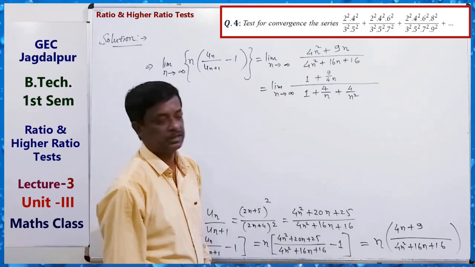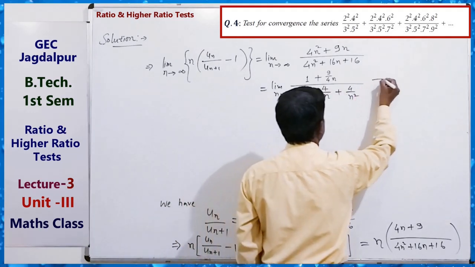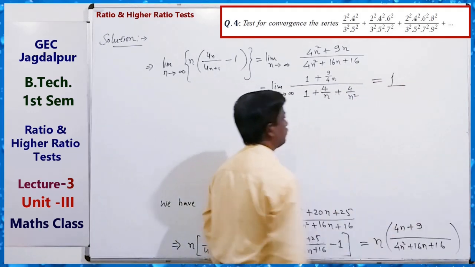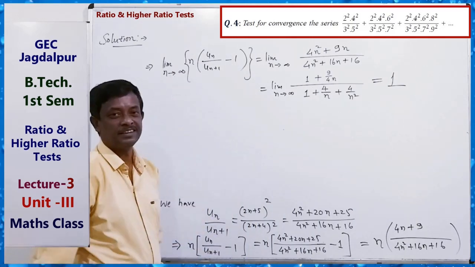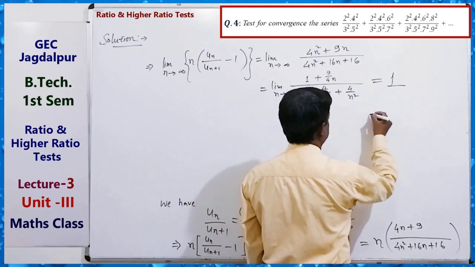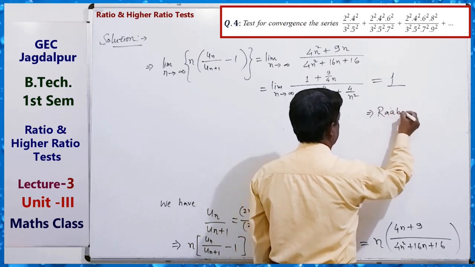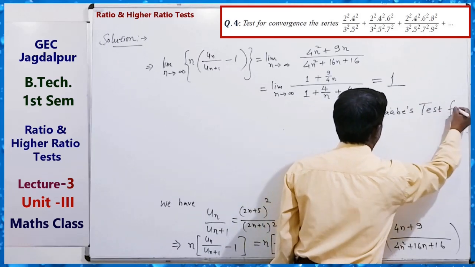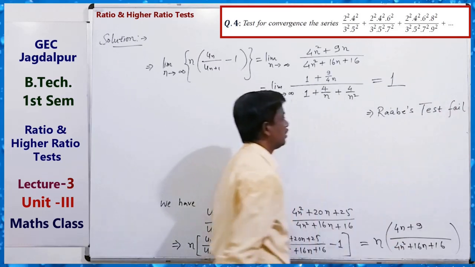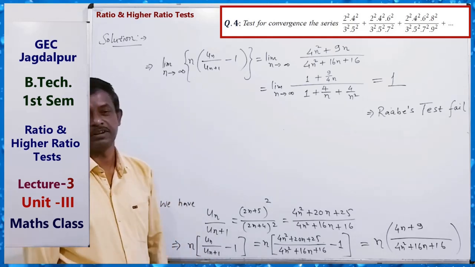And these terms are 0, 0, 0. So this is equal to what? 1. Okay. Raabe's test fails. This is the condition for Raabe's test to fail.